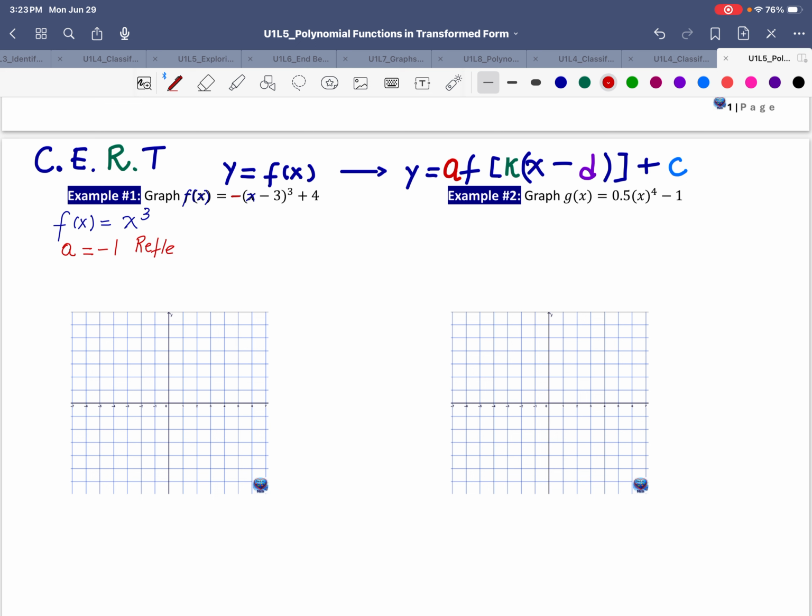And what values of the function are reflected? Well, that's coefficient a. It changes the y values. So the y values are changed to opposite by going to the other side of the x-axis. Therefore, we're going to say that there is a reflection over the x-axis.